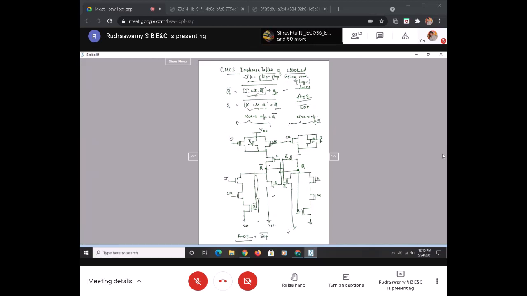The CMOS implementation of the clocked JK flip-flop. So we saw the CMOS implementation of the NOR and the NAND logic.